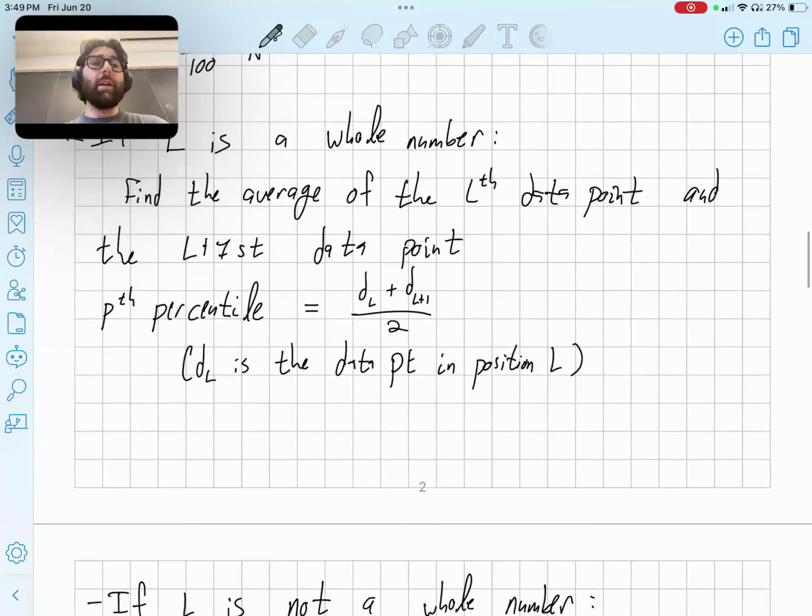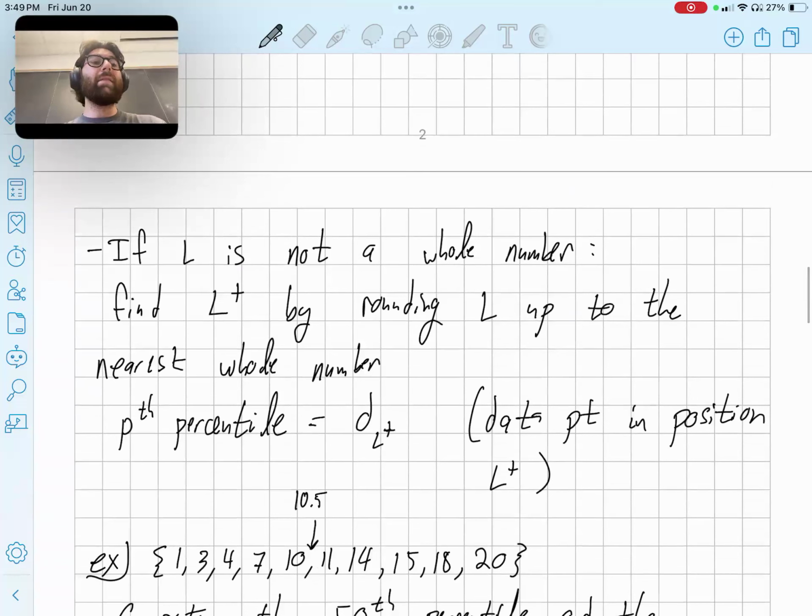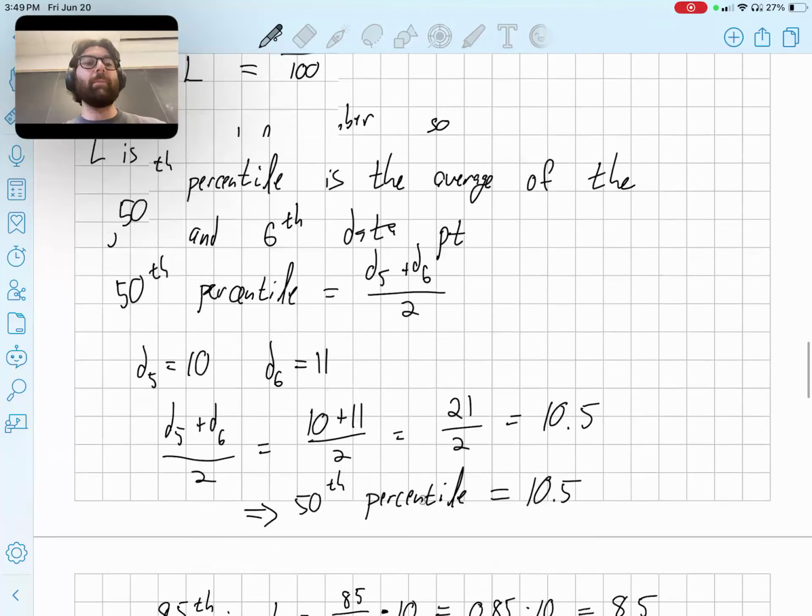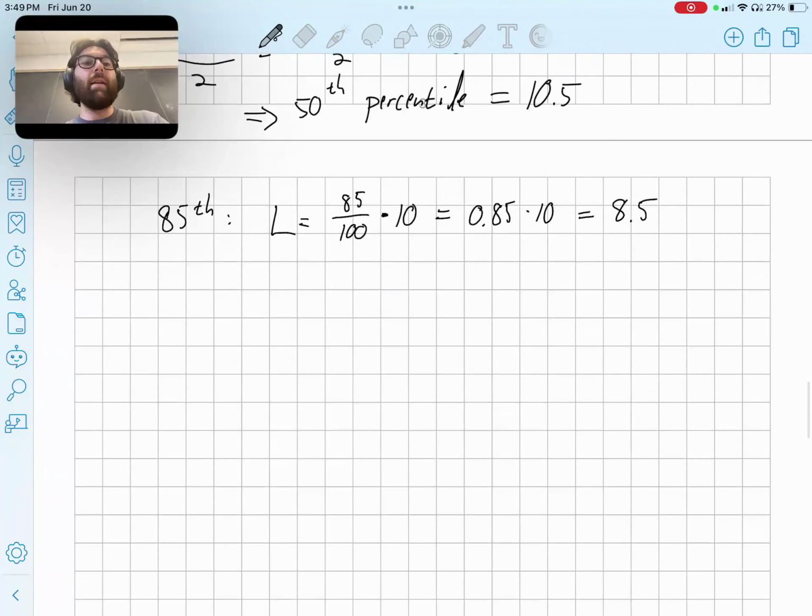So now we're in our second case. If L is not a whole number, we're going to find what's called L plus. We're going to round L up to the nearest whole number. So 8.5, well, the nearest whole number is either 8 or 9, and we're always rounding up. And so 8.5 becomes 9. So our L plus is 9.